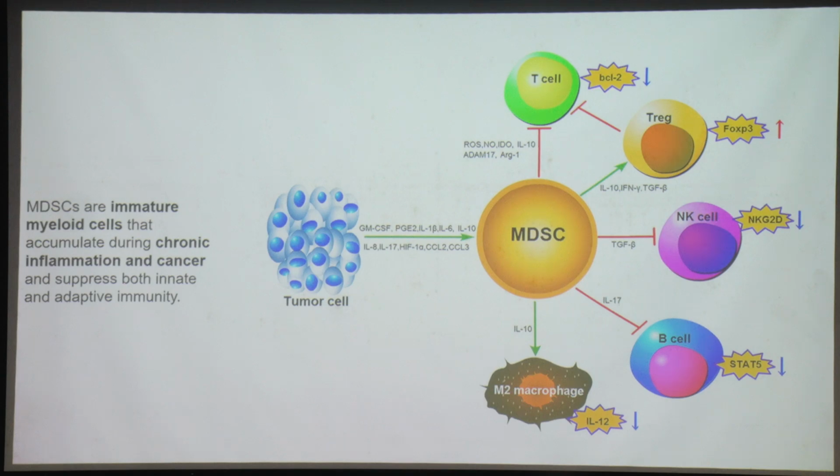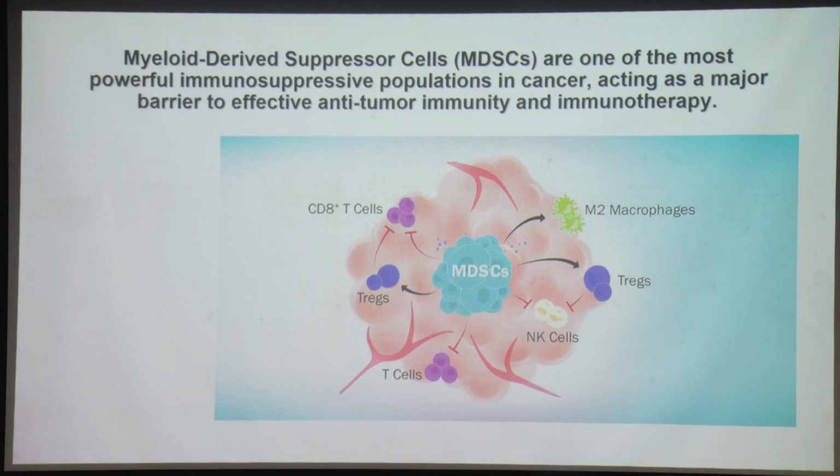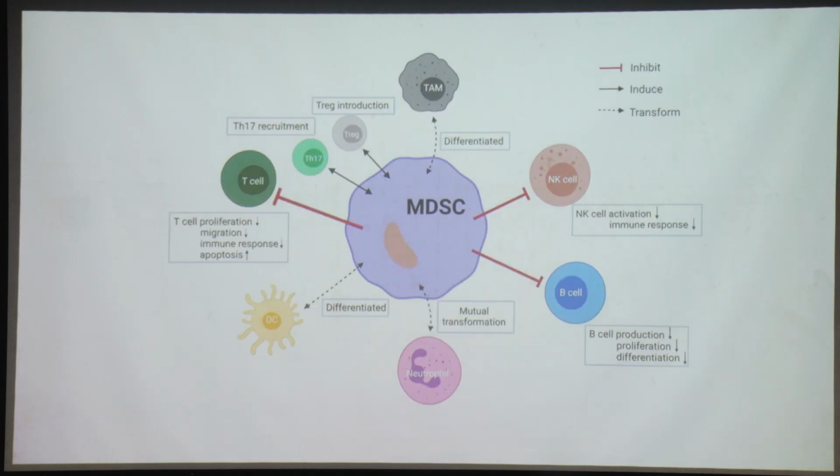It is like they are recruiting people who are already polarized, and then changing the minds of those who are not polarized to become polarized. So MDSC cells recruit TREGs, recruit M2 macrophages, which are immunosuppressive, and inhibit NK cells. You get the picture. It is the same thing here.